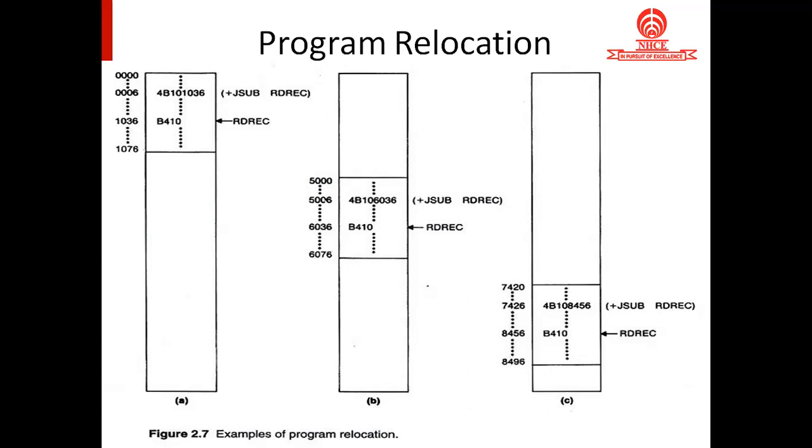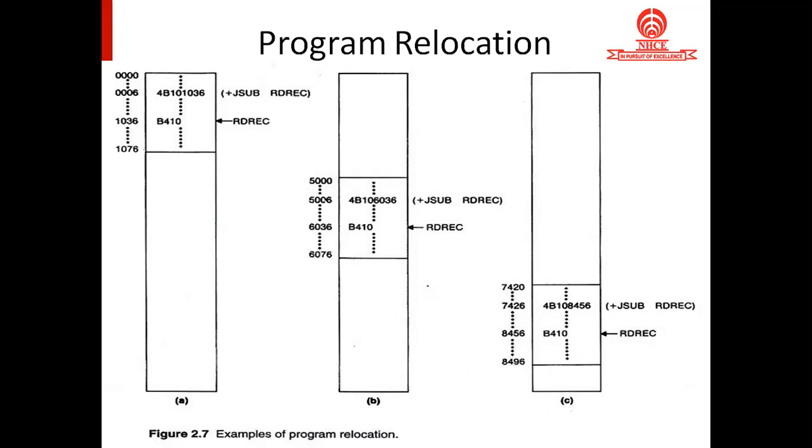When the program is stored from 5000, RDREC becomes 6036. Now, if you look at the object code at location 5006, the object code would be 4B106036. So in place of 1036, the value became 6036. What happens here is the RDREC value changed as there is a change in the starting address, because of which the object code is also getting changed.